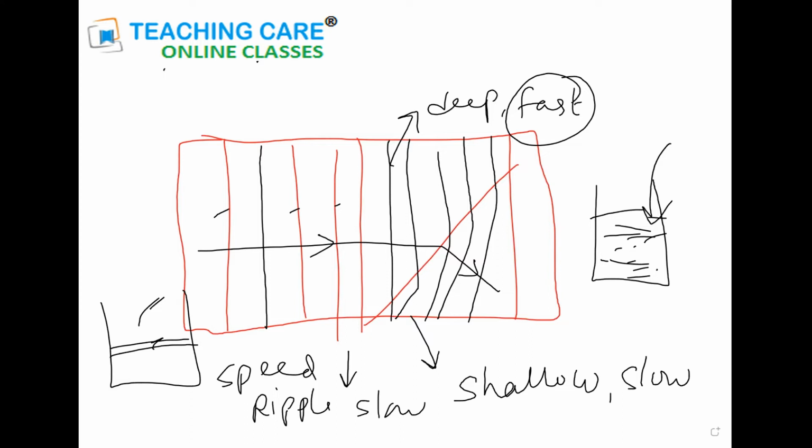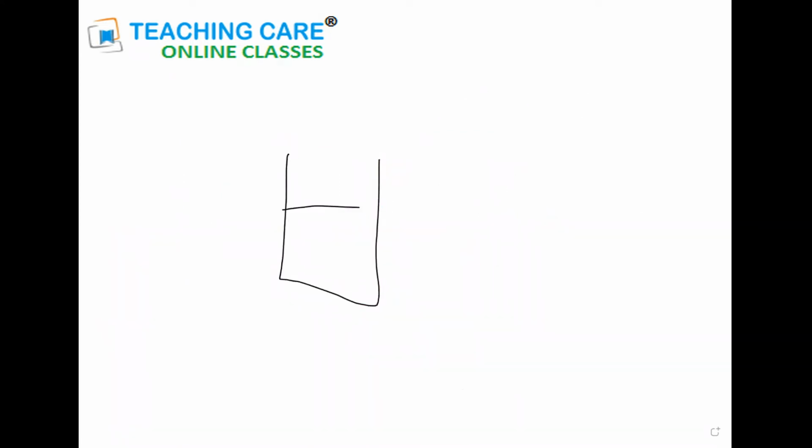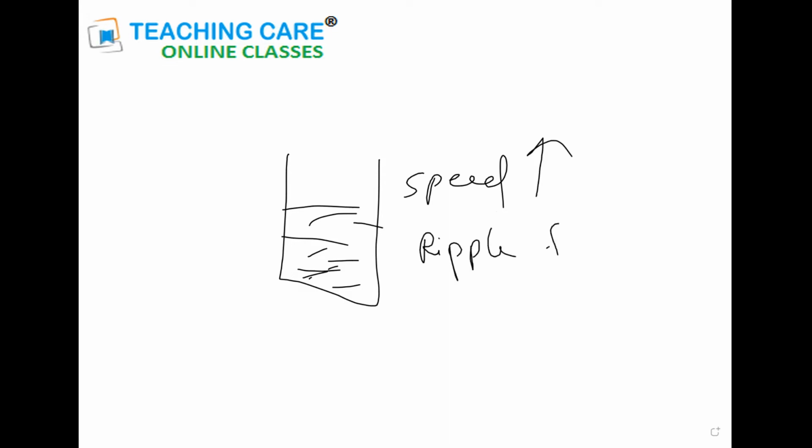Understand the difference? What is happening in the first case? Directly we have the ripple tank, deeper water is there. So the speed of light has only one medium, that is the water, so the speed will be more and the ripple will move fast. In the second case, we are immersing a glass plate in the ripple tank.